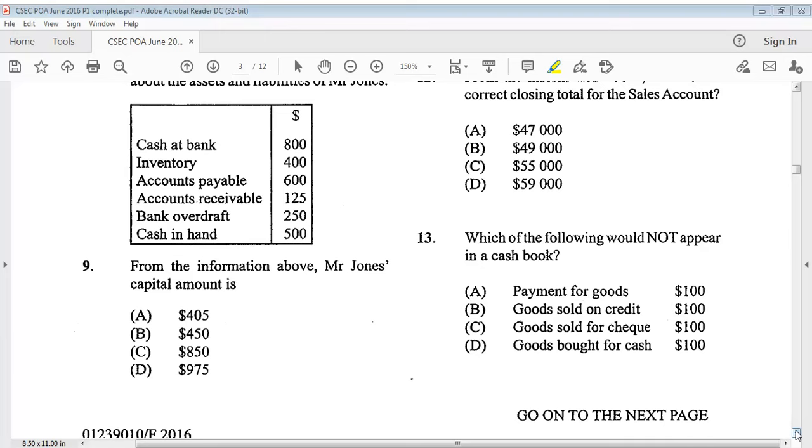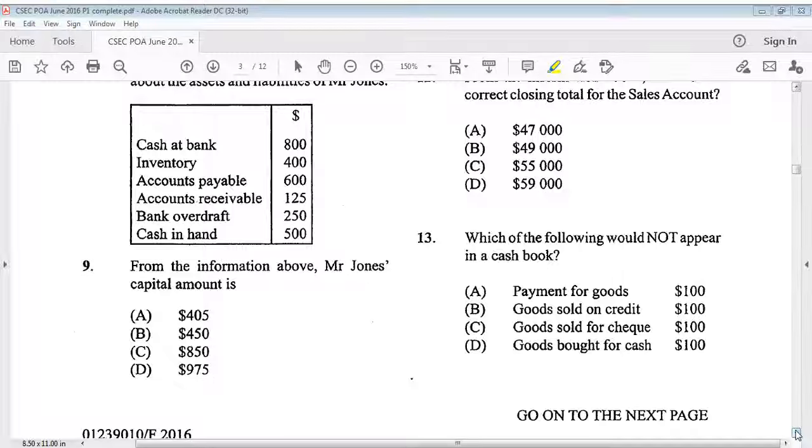That's assets minus liabilities. What is our assets? So we know we have cash at bank, 800, inventory, 400, and accounts receivable, 125. And then we have cash in hand, 500. So when we add all of those together, we get 1,825.